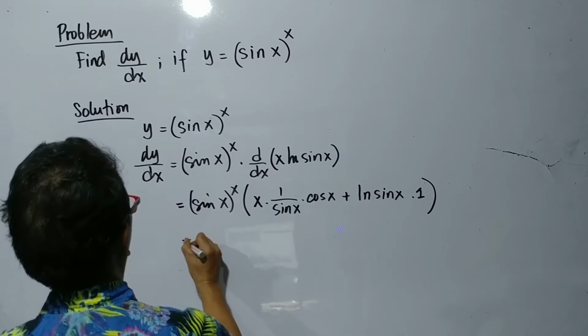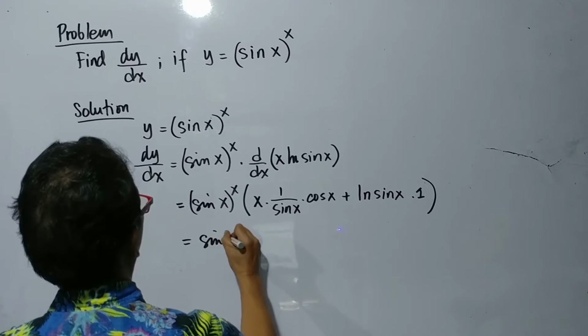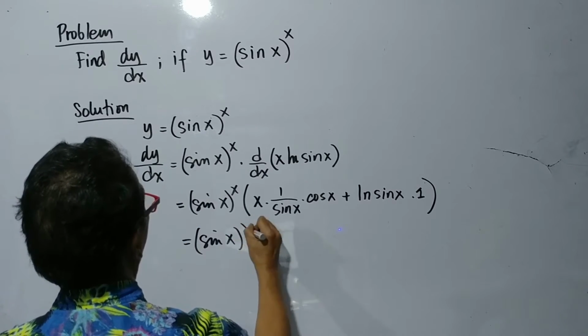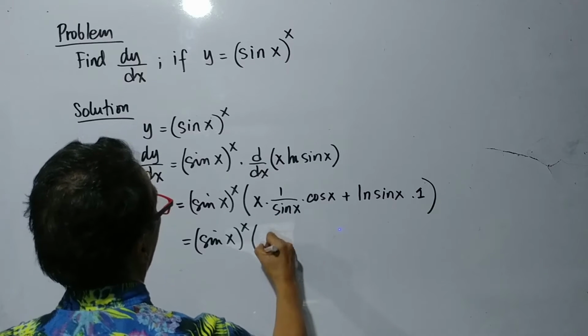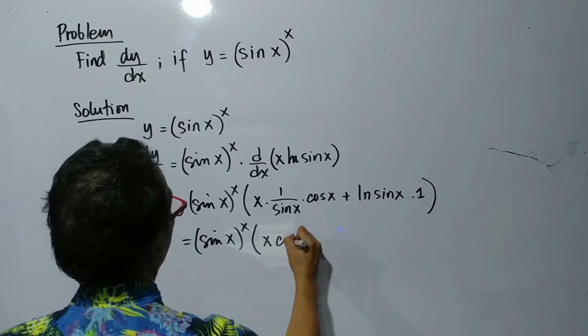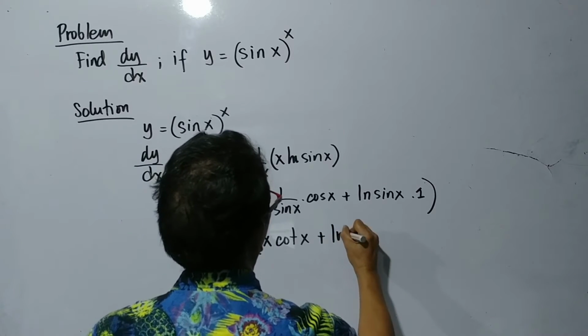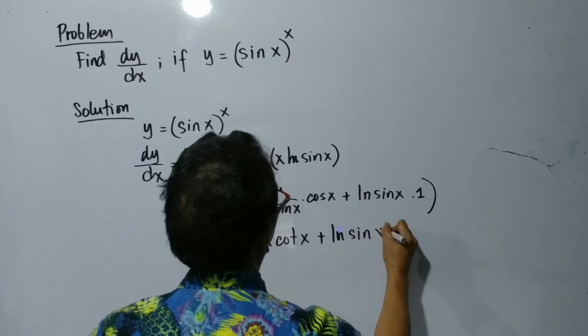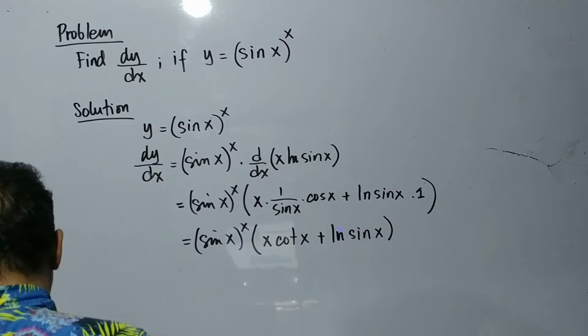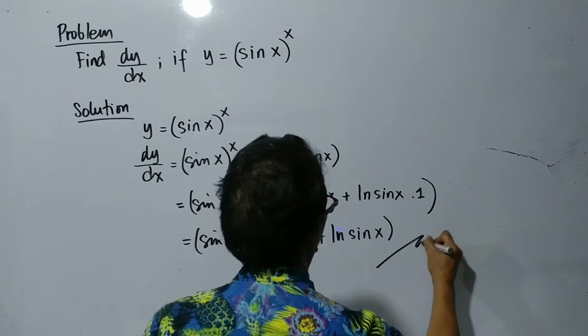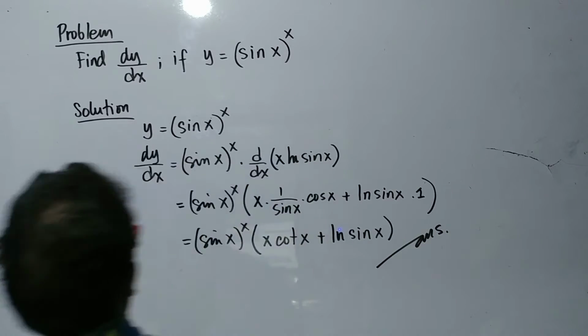So we have now sine of x to the x times x cotangent of x plus ln of sine x. This is now your final answer.